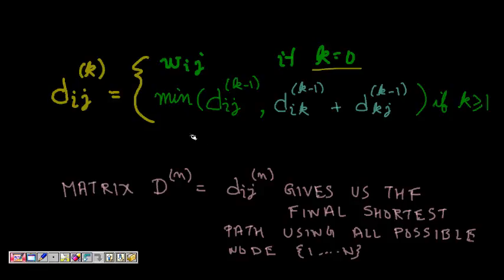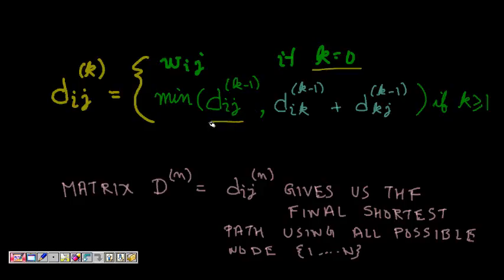But otherwise, what happens if I am to choose from k minus 1 nodes? So this represents Dij k minus 1. It means I have a shortest path from node I to j using only the first k minus 1 nodes, and it's a decision problem.